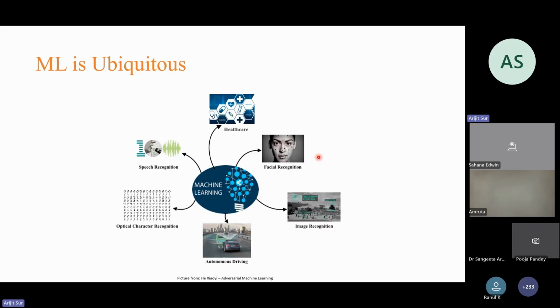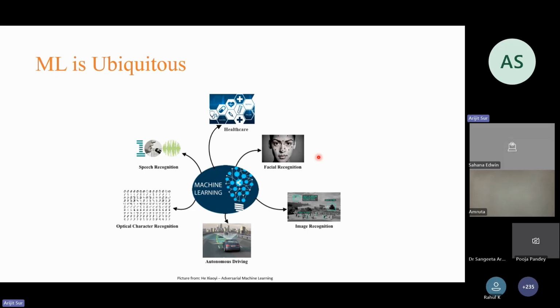ML, or the modern deep learning, is everywhere in our lives: healthcare, facial recognition, image recognition, autonomous driving, satellite imaging, medical imaging, market strategy prediction, and optical character recognition.